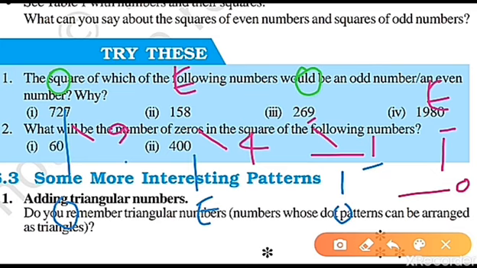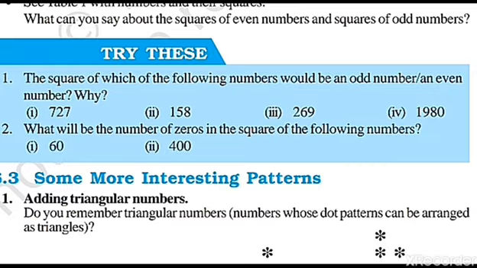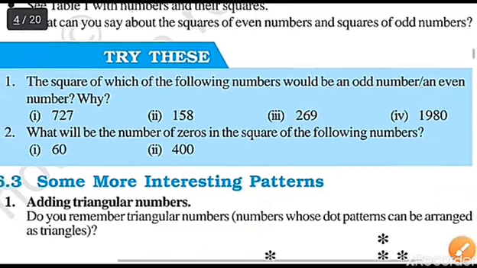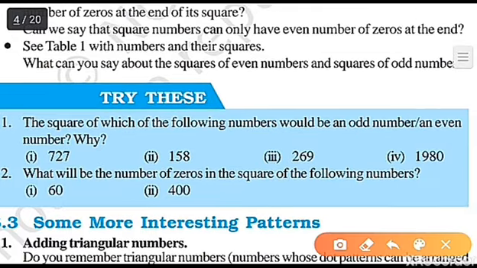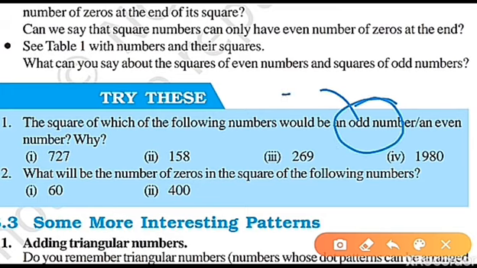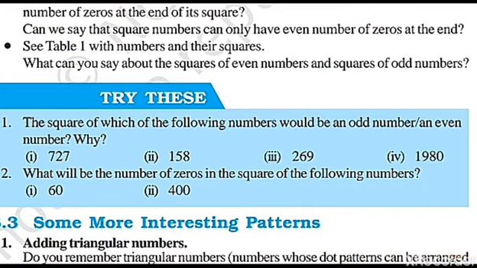Here it ends with 0, and a number ending with 0 is always divisible by 2, so it is an even number. So the square of an odd number will be odd, and the square of an even number will be even.